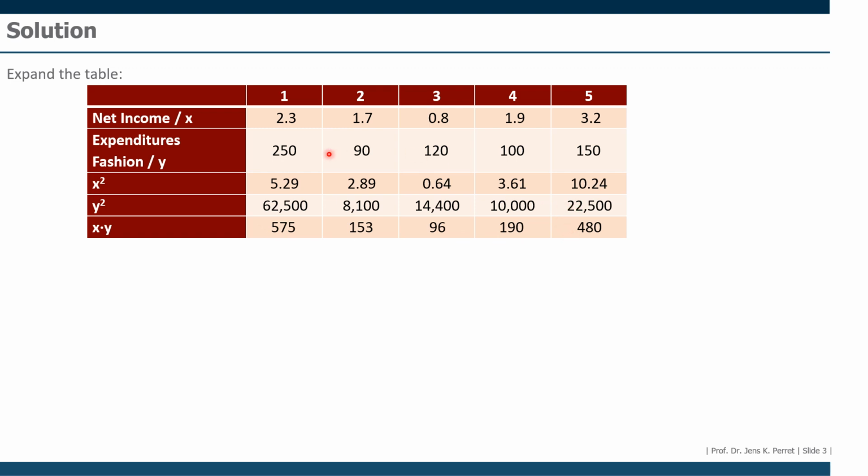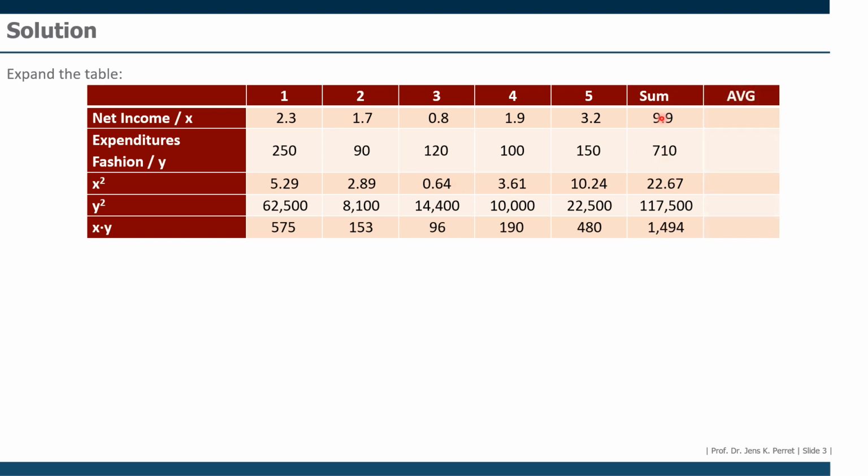Then, as an intermediate step, I'm going to simply add up whatever I have here for all of my observations. That's this column here with the sums. And this, as I said, is just intermediate because what I actually need are the averages. So I'm going to divide the sums, this column here, by 5 since I have 5 observations, giving me those 5 averages.